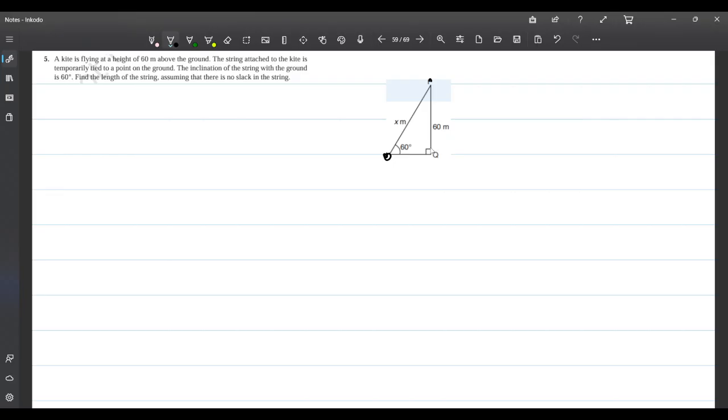A string attached to the kite is temporarily tied at a point on the ground. The inclination of the string with the ground is 60 degree. So this is 60 degree. So we have to find the length of the string, assuming that there is no slack in the string. So we have to find this length.